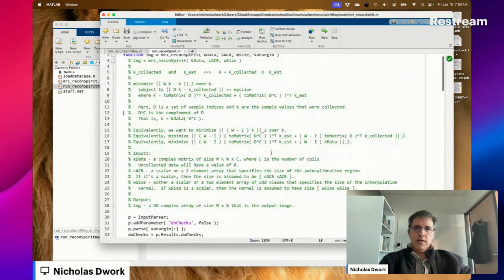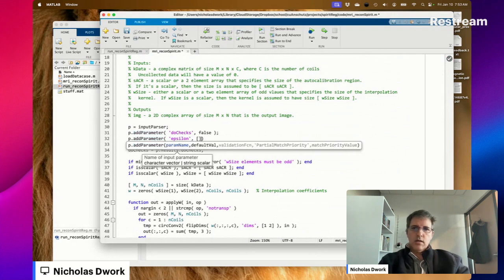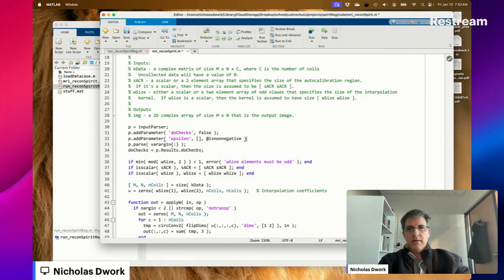So then, first things first, let's add a parameter epsilon. It's got to be non-negative.